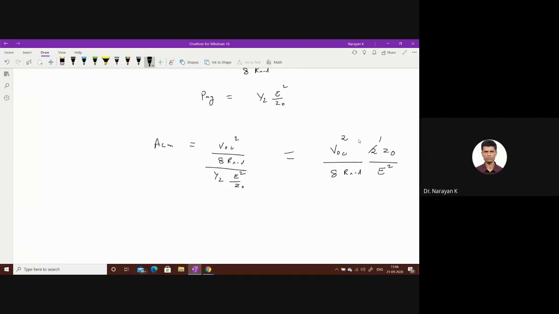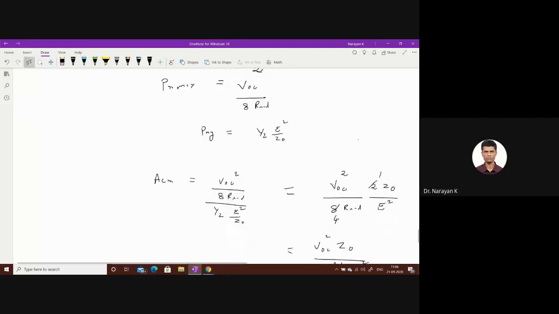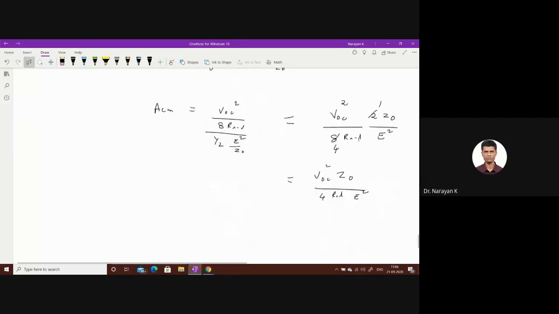So 2 ones are, 2 fours are. So this will be VOC square Z naught divided by 4 times radiation resistance into E square. So this is what you will end up getting. Call this equation number 4.